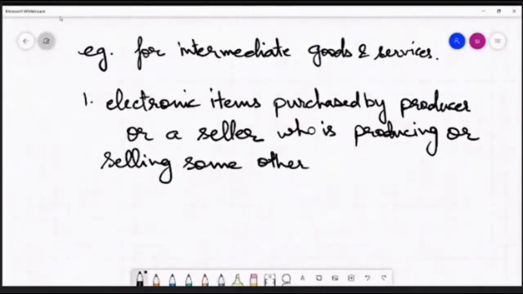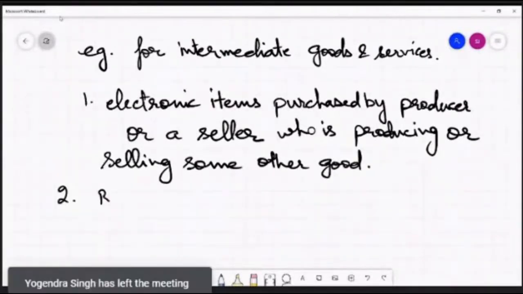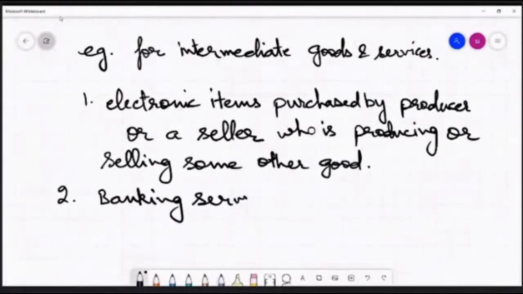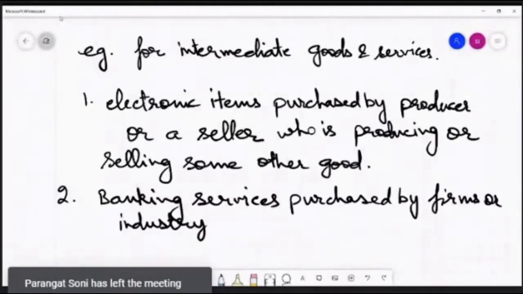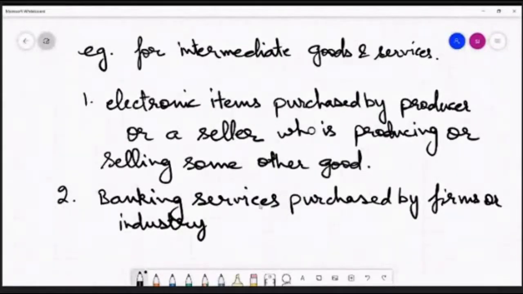Okay. Second, banking services purchased by firms or industry. If banking services are purchased by the households, or if any financial service is purchased by the household, then it is considered to be final consumption.